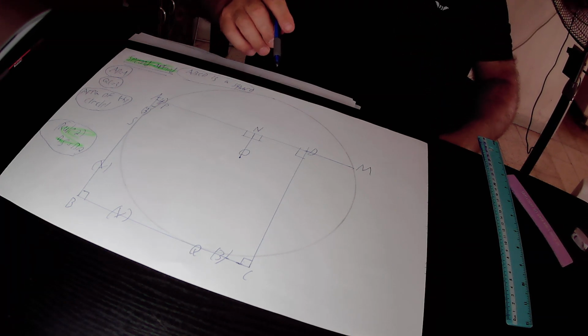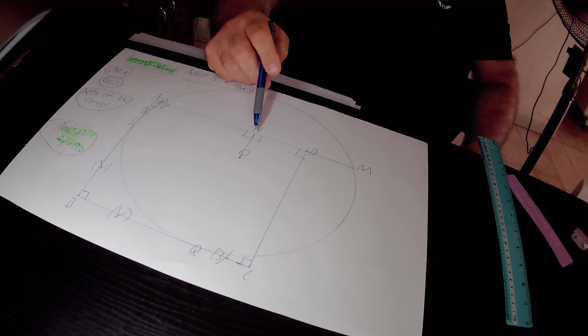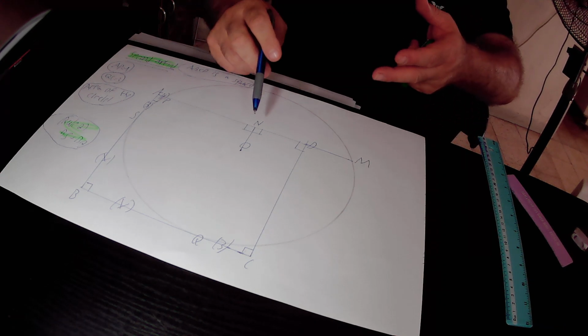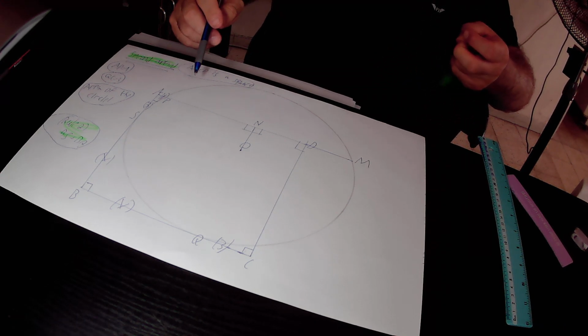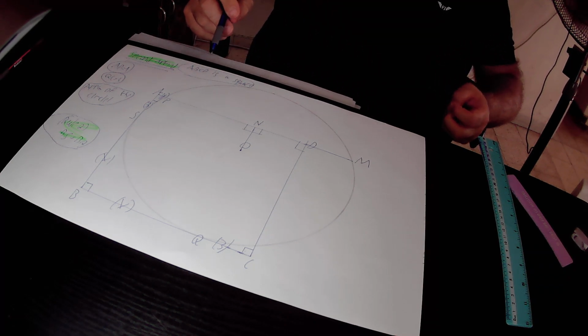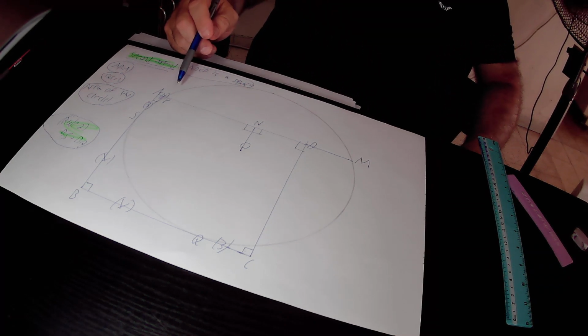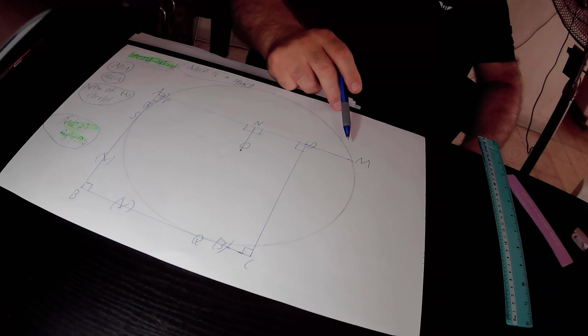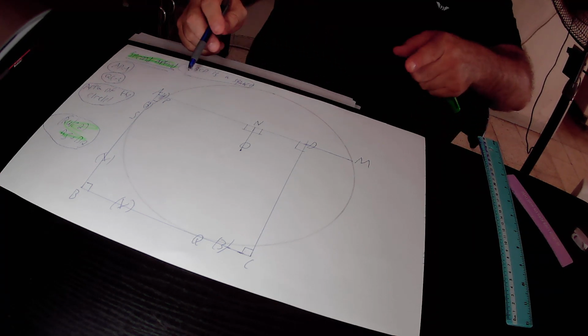According to rule 11, the perpendicular ON bisects chord PM. If ON bisects chord PM, it means that ON divides chord PM into two halves. Each half equals PM over 2. That is to say, the first half is PN, and it of course equals the second half, that is NM, and each half equals PM over 2.